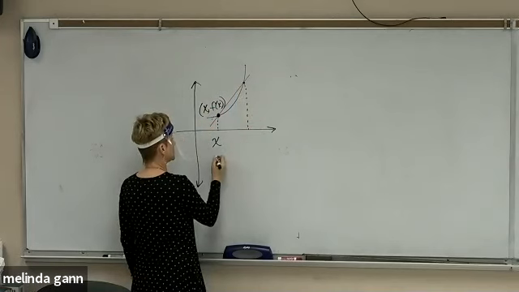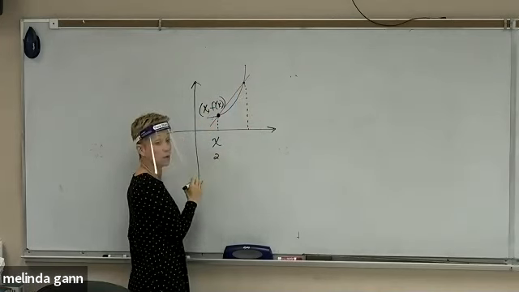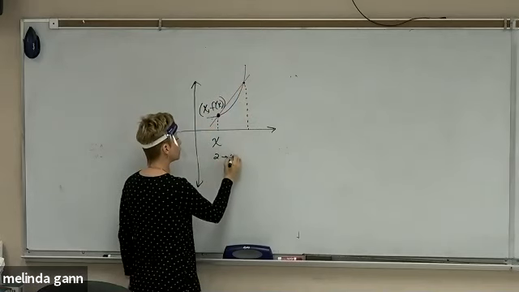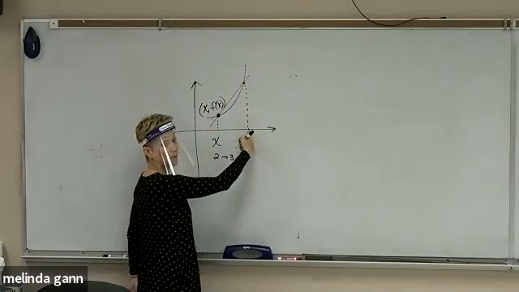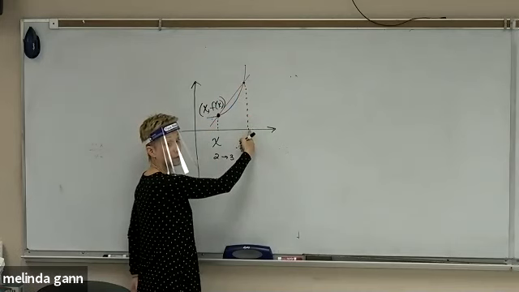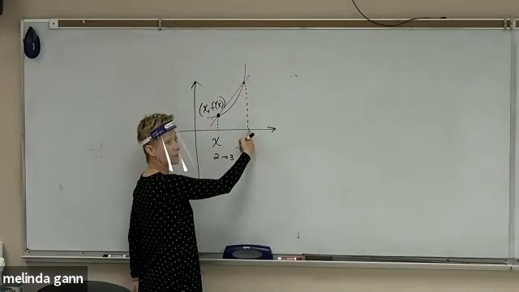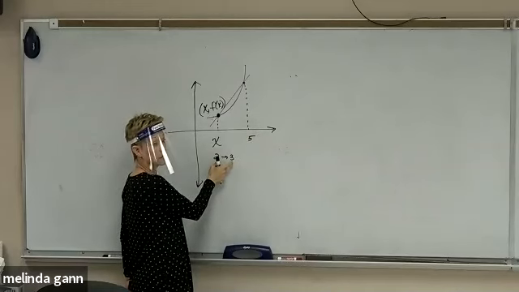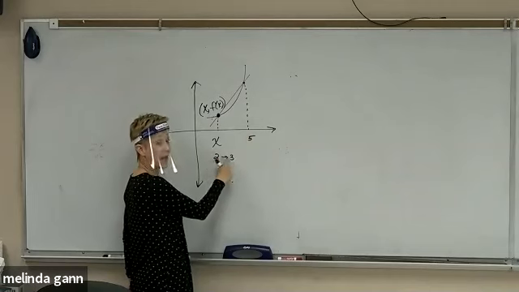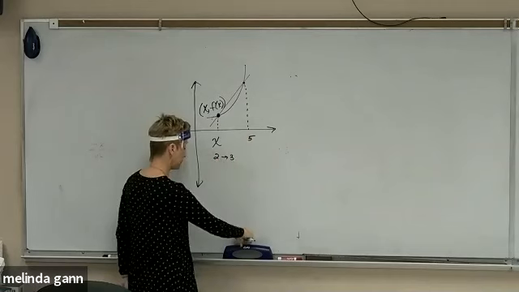Now, let me ask you this. What if this was 2, and I moved over 3 more spaces? What would that make that number? It'd make it 5. What'd you do with these two things to get that? You took where you started and added the change, right?